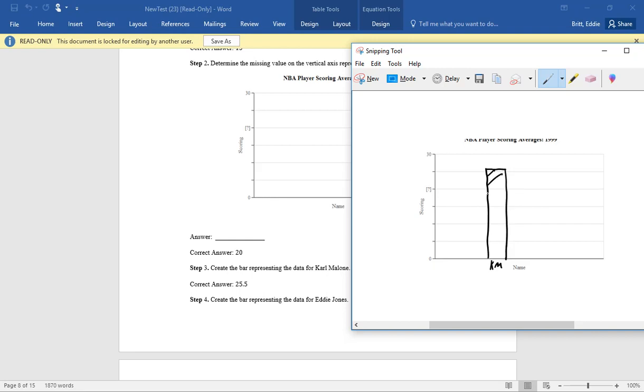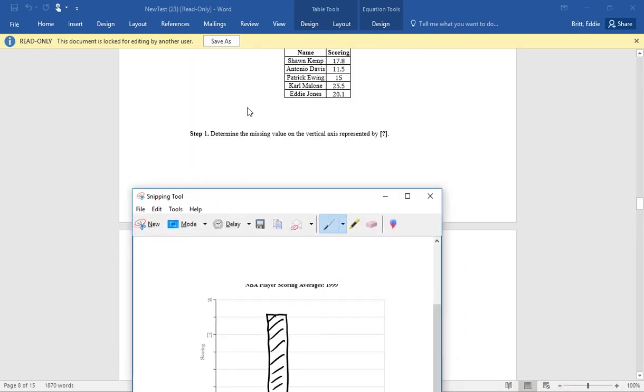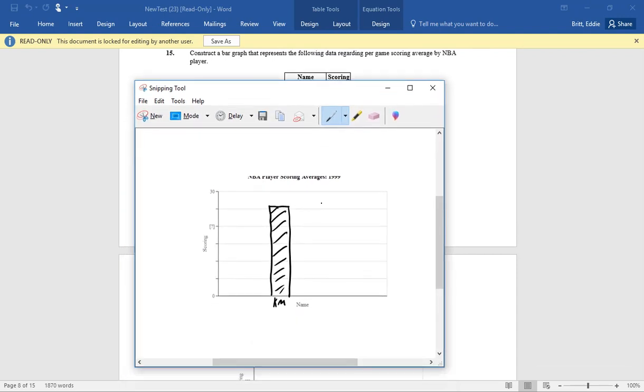All right, so I could create a bar graph like that for number 3. And then it says create the bar graph for Eddie Jones. How much did he do? Eddie Jones, 20.1. So then in the same space, if you're doing it on the calculator, you can click on it and do it. But if you're doing this in the same space, that's 25, so that's 20. So we could do one kind of like that. That's for Eddie Jones.